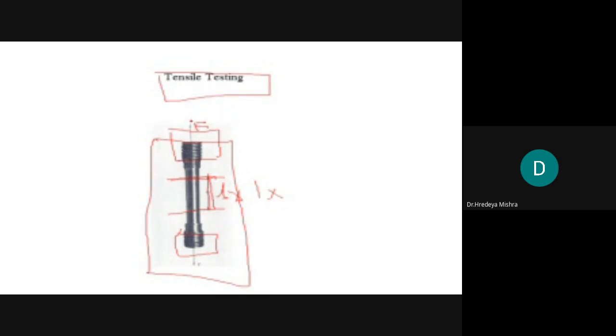When we apply the tensile force or the compressive force, we observe the deformation only in this area, only the Lx length for deformation or strain. These other lengths provide the support of the specimen in the UTM machine.